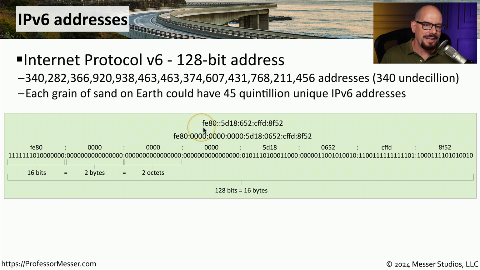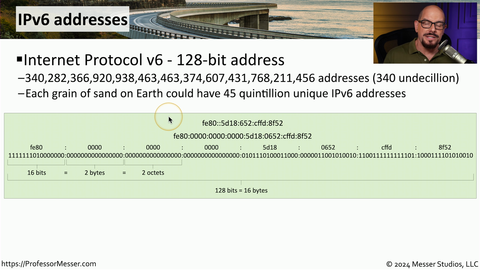You can see that is a very different style of addressing than IP version 4, where we were only dealing with decimal numbers and periods. In IP version 6, we are using hexadecimal values, and we're separating those with a colon. If we were to write out that entire address into its entire 128-bit form, you can see that it is completely listed here, and that is a much larger address than we deal with in IP version 4.